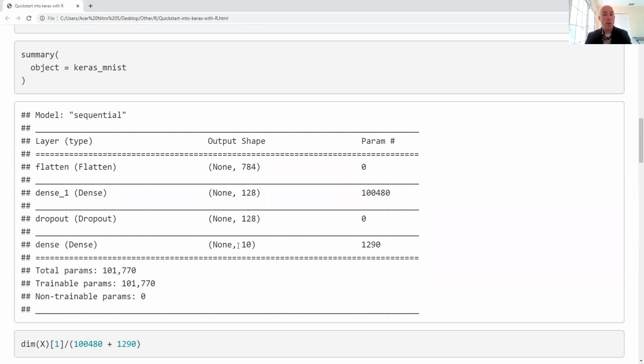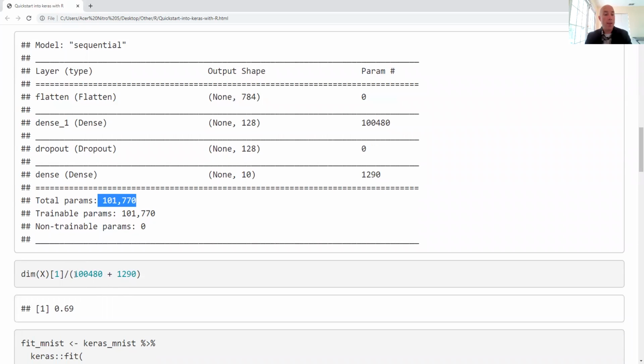And then here we have 10 more nodes, and then we have 128 plus 1 times 10 gives me 1290. The plus 1, to give me 129, is for the bias term. That is for what would be the constant, the y-intercept in college algebra. So here is our total number of parameters.